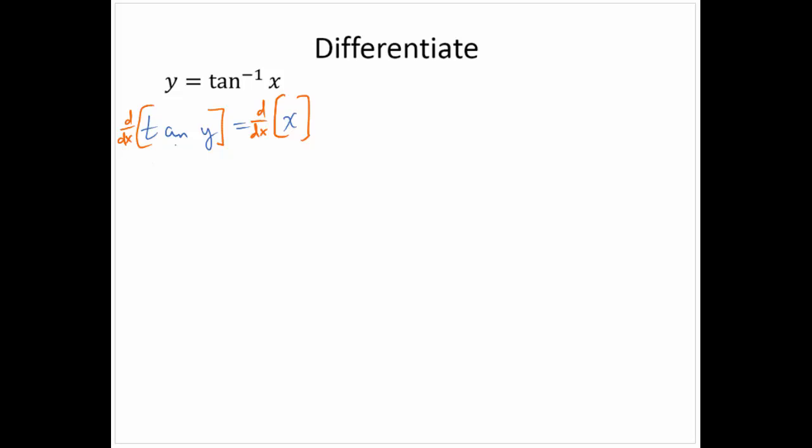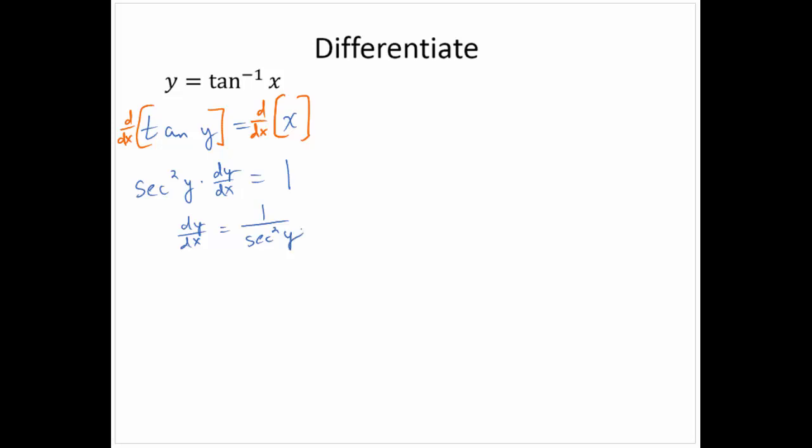The derivative with respect to x of tangent y would be secant squared y times dy/dx. And dy/dx of x is 1. Alright, so now, dividing through by secant squared y, dy/dx would be 1 over secant squared y.